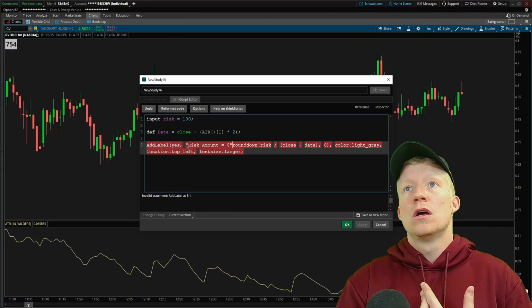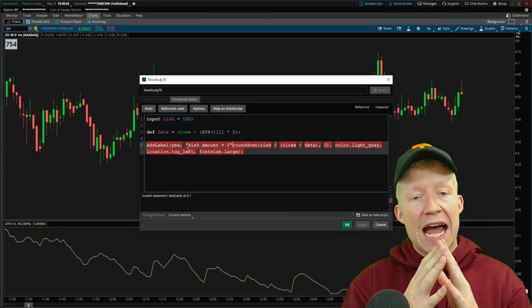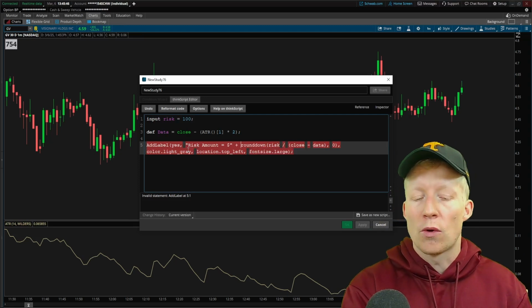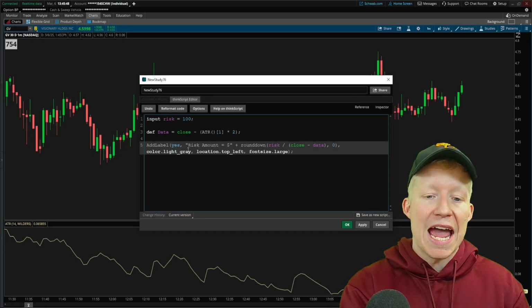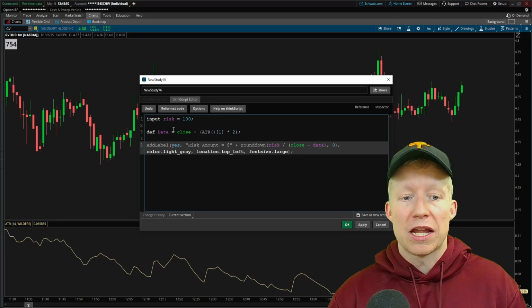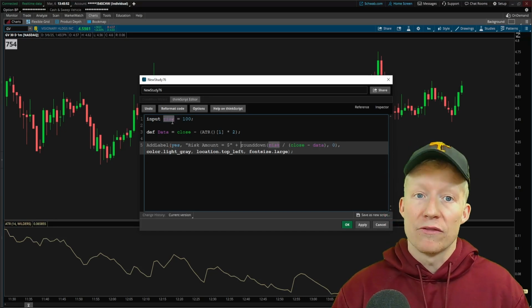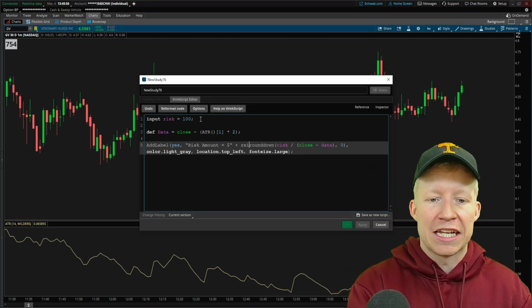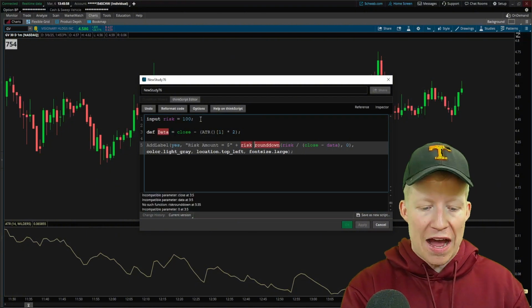Then to amend text and values together in a label, you're simply going to utilize plus. First, let's amend our risk variable, so whatever we are risking in this trade, let's call in that value.